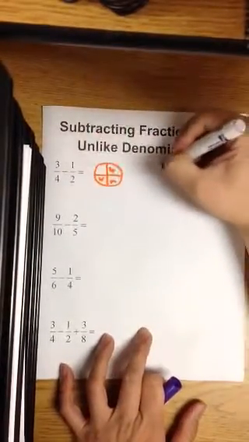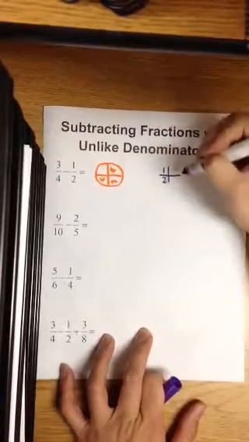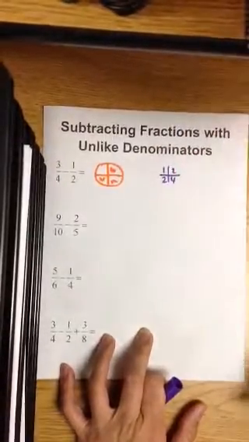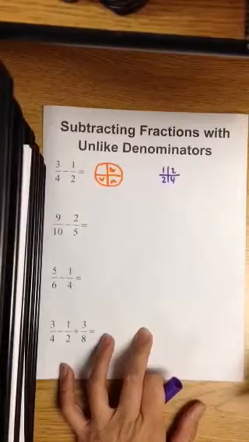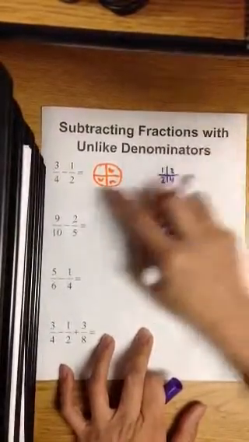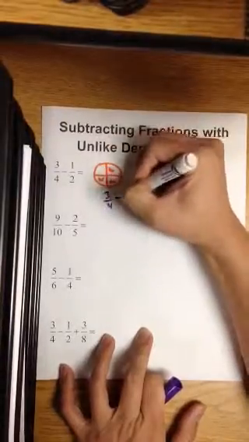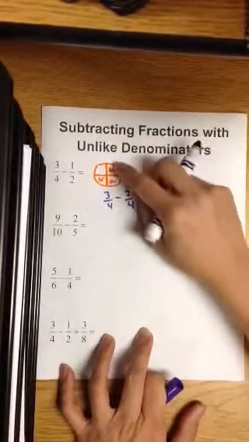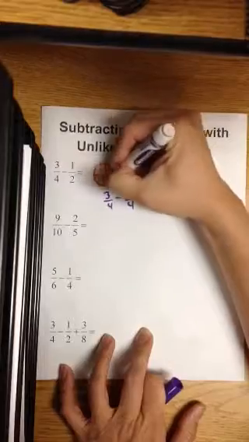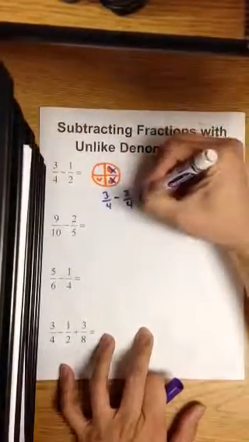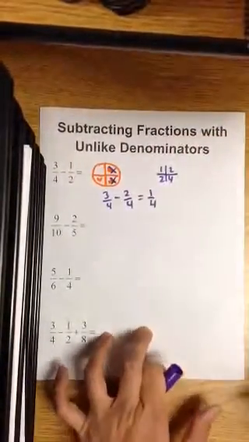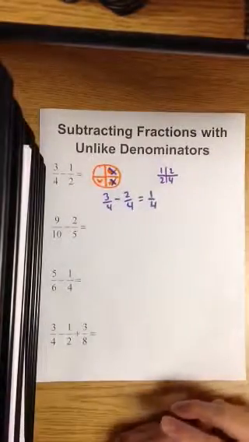Isn't 1/2 the same as 2/4? It is. So 3/4 take away 2/4. They want you to take away two parts here. What do you have left over? 1/4.